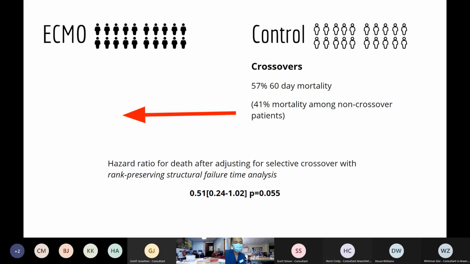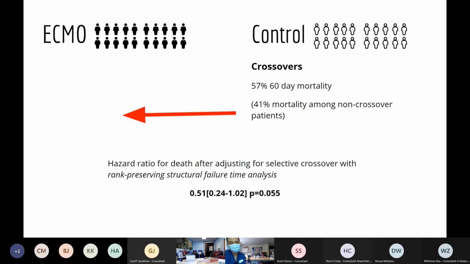So they tried to look at the hazard ratio for death by applying a statistical analysis, because just to go back to the initial primary outcome, it was done by intention-to-treat analysis.